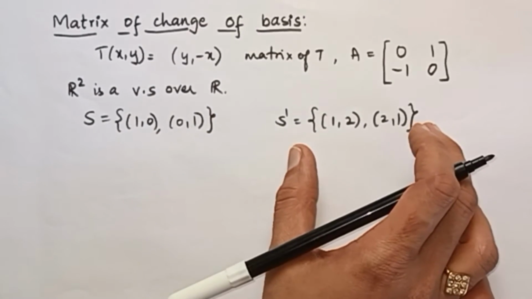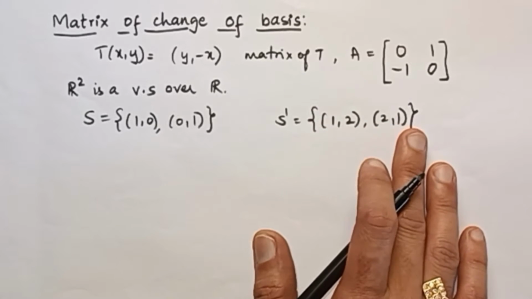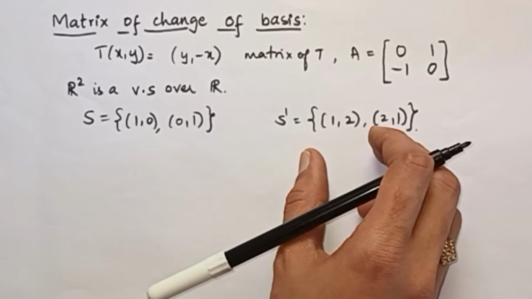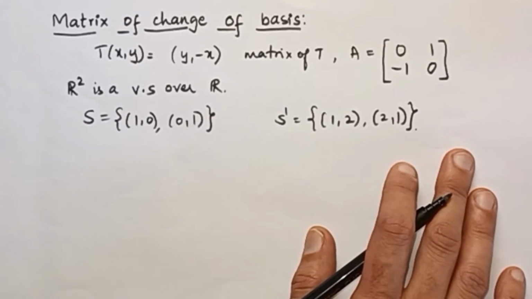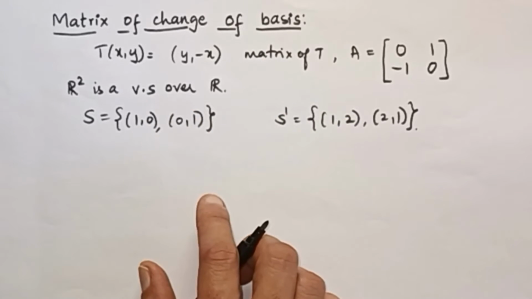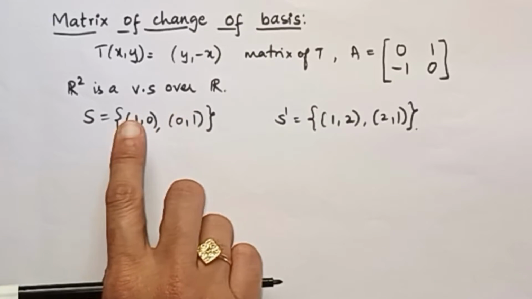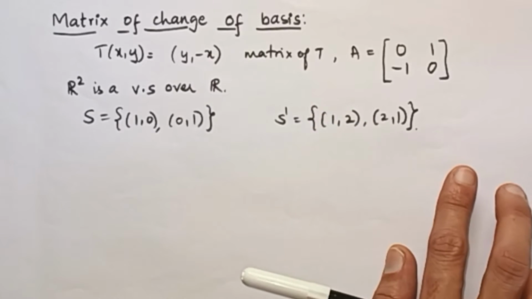When you take S dash, every vector is a linear combination of (1, 2) and (2, 1). A linear combination means scale these vectors and go to the required position. The position remains the same in both cases, but the representation changes. In terms of S the representation is different, in terms of S dash the representation is different.